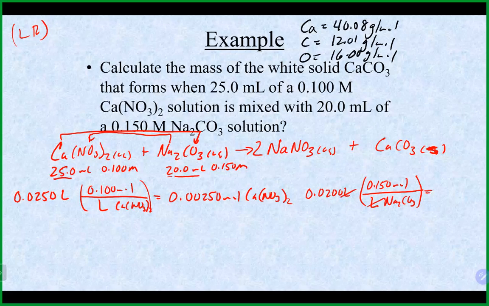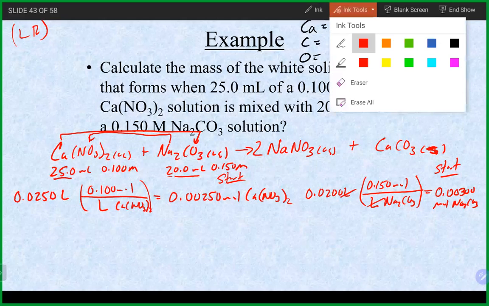And that is going to give us 0.02 times 0.15, 0.003 moles of our sodium carbonate. So this is like our starting amounts for both of these, right? And that means we do need to do the limiting reagent calculation.